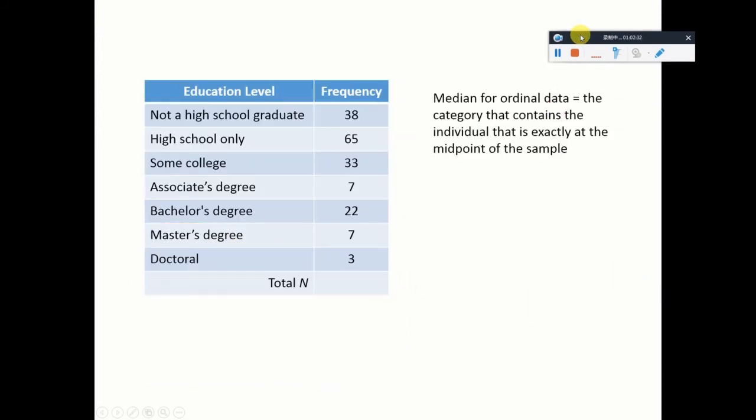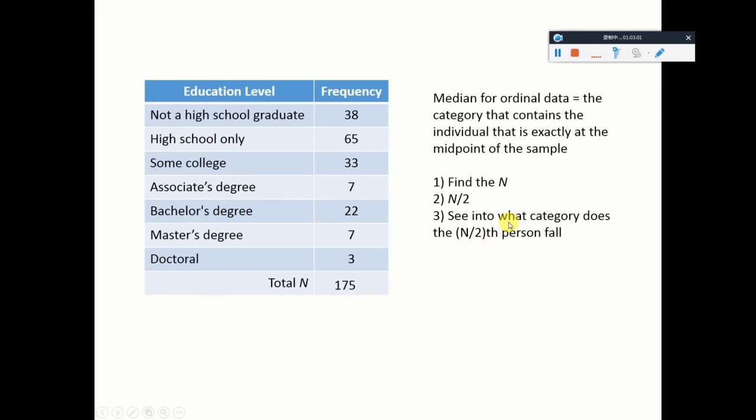So the rule of thumb is, the median for ordinal data is the category that contains the individual that is exactly at the midpoint of the sample. So first step is find the sample size, 175. We want to divide the sample size by half because we want to find the individual that's exactly at the center or midpoint of the sample.